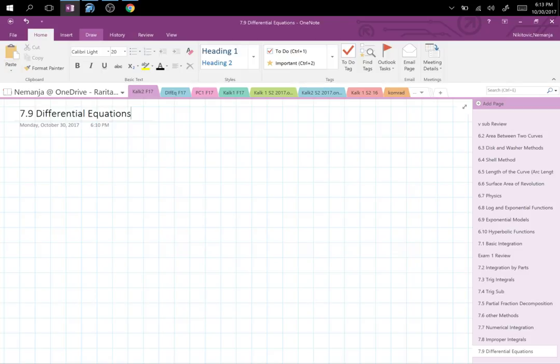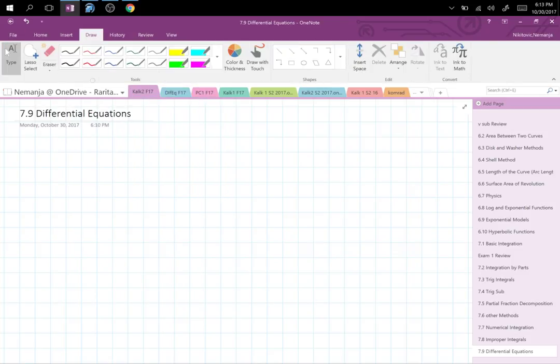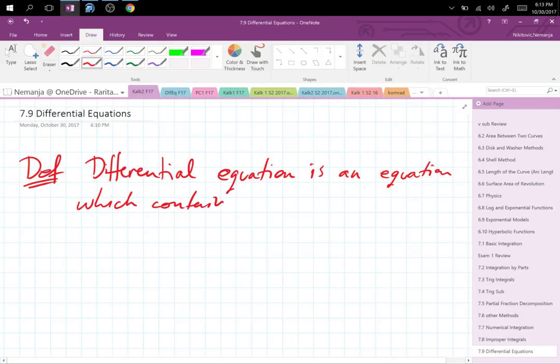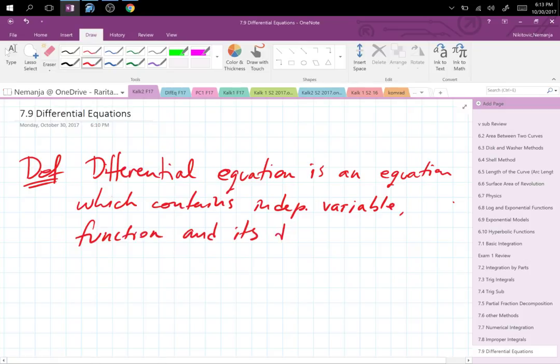Definition, right off the bat. A differential equation is an equation which contains independent variable, function, and its derivatives.